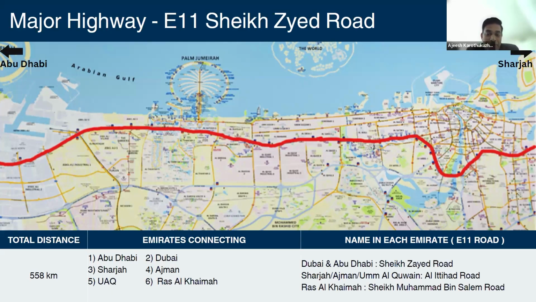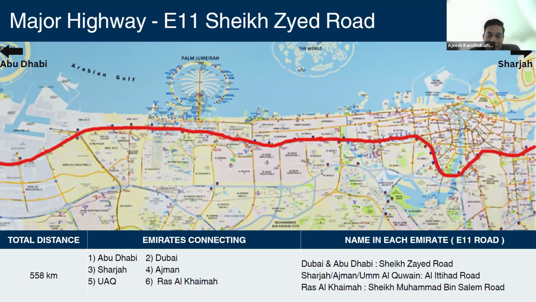This road has a different name in each emirate. For Dubai and Abu Dhabi, we call it Sheikh Zayed Road. But in Sharjah, Ajman, and Umm Al Quwain, E11 is written as Al Ittihad Road, not Sheikh Zayed Road. In Ras Al Khaimah, it is written as Sheikh Mohammed bin Salem Road.